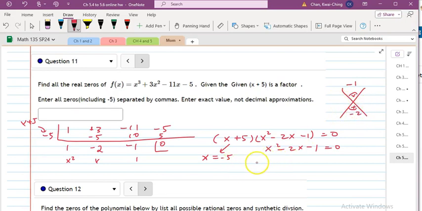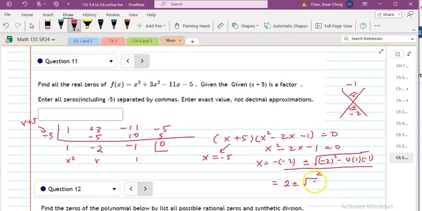So you would do x is equal to negative b plus or minus the square root of b squared minus 4ac. So this is negative 4. 4 minus negative 4 means 4 plus 4, over 2a, which is 2. So it'll be 2 plus or minus the square root of 8 over 2.